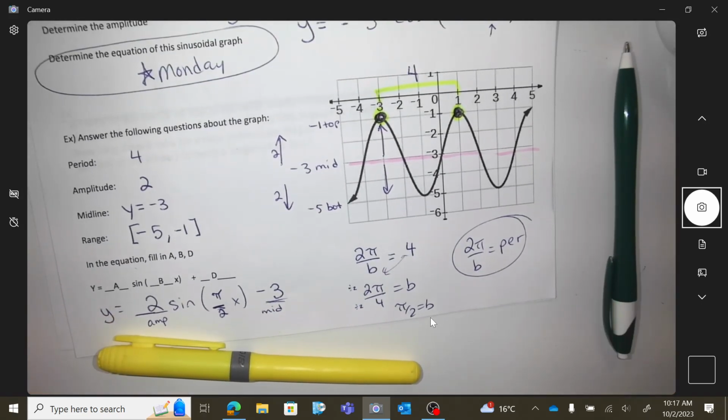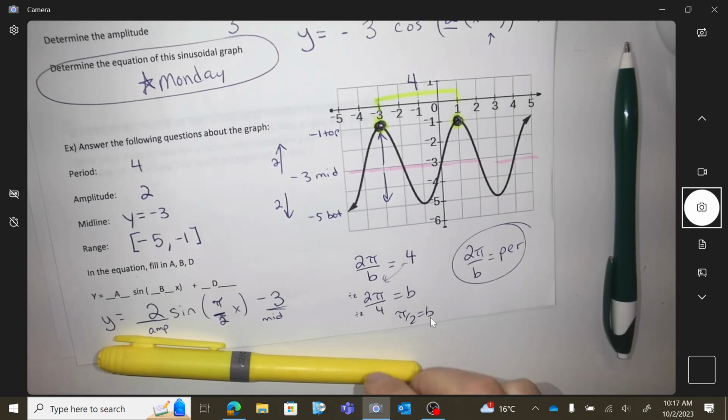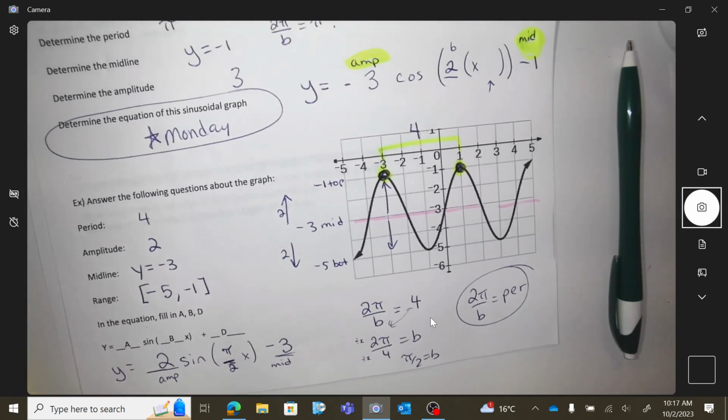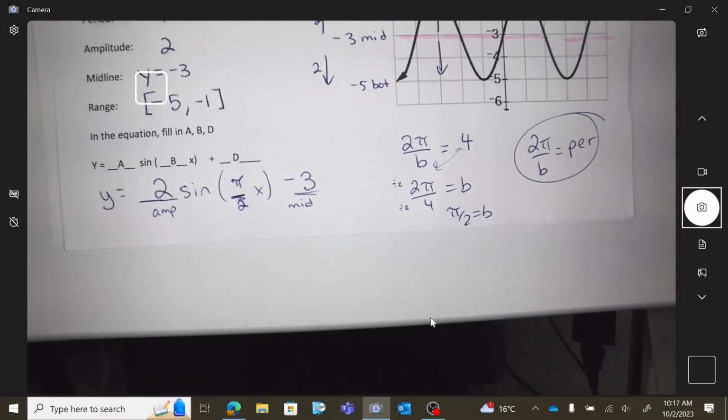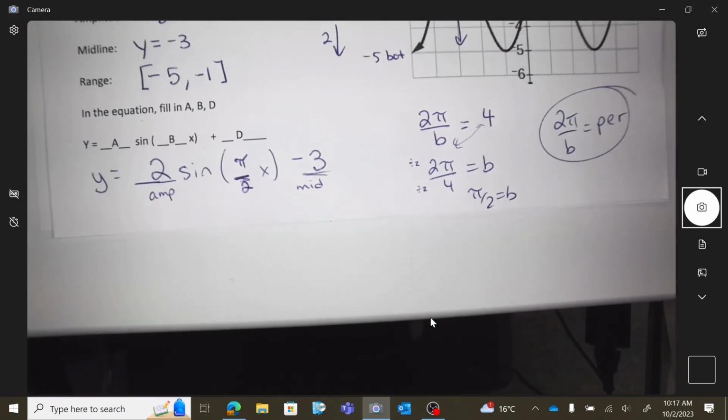Should we check out our work with our calculator and see what happens? So this is the equation we made. We're going to graph that.